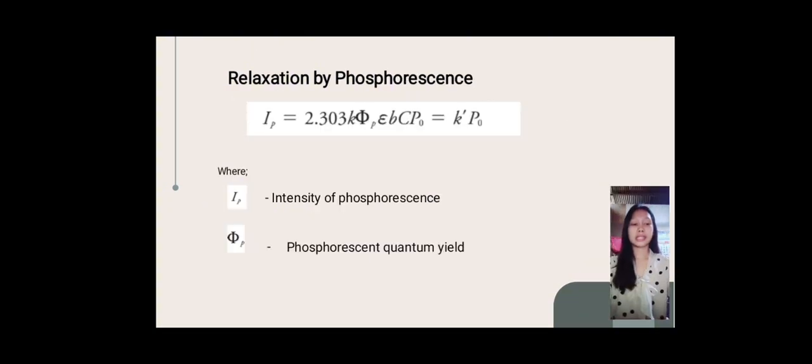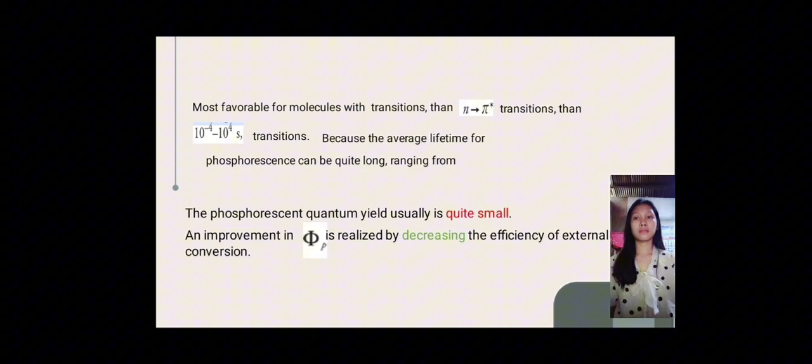The phosphorescence happens over a range of wavelengths, all of which are at lower energies than the molecule's absorption band. Here are the equations, which are similar to fluorescence, however, the IP is the intensity of phosphorescence, and this figure is the phosphorescence quantum yield, most favorable for molecules with transitions.